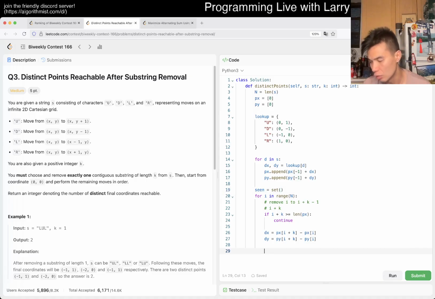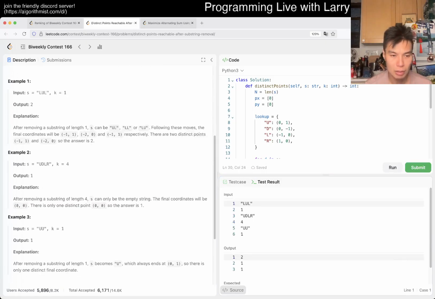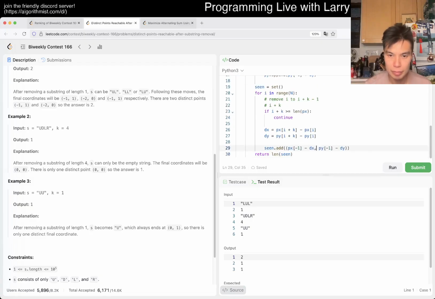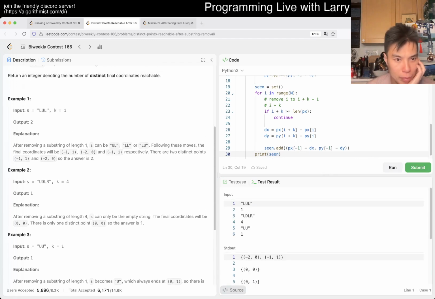Okay, so then now we have a seen set, and then now it's going to be the last one. Is it minus or plus? No, it's minus. Plus doesn't make sense, right? 211, I mean, seems like it's still very error-prone.